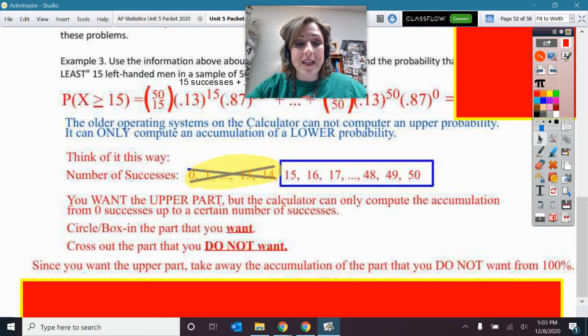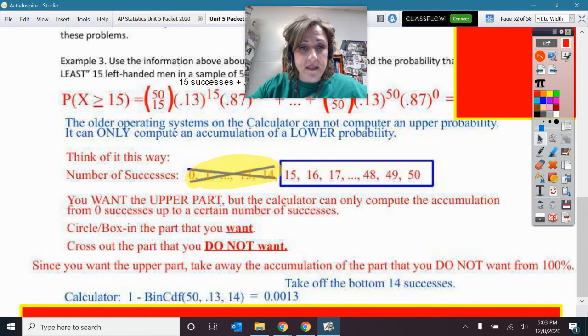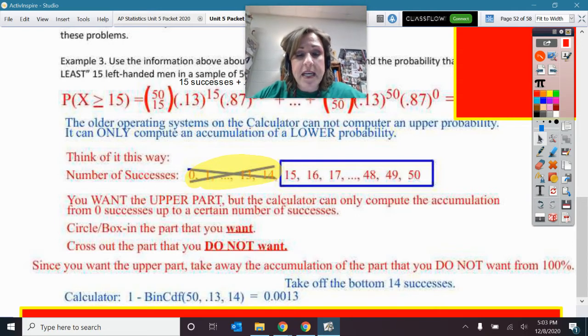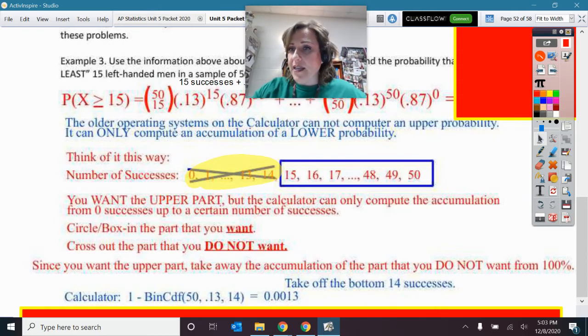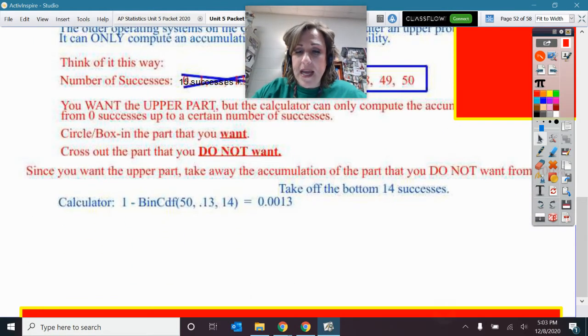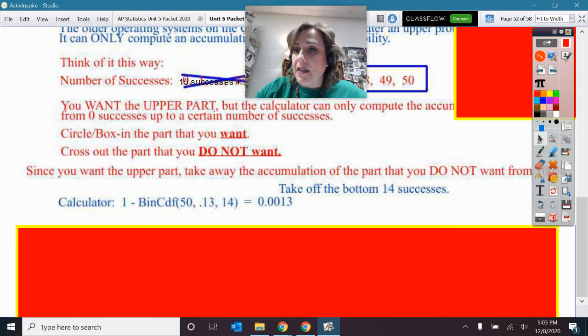Since I want the upper part, you can take away this bottom part, subtract it off from 100%. So what's 100%? That is 1 minus the bottom part that I do not want.